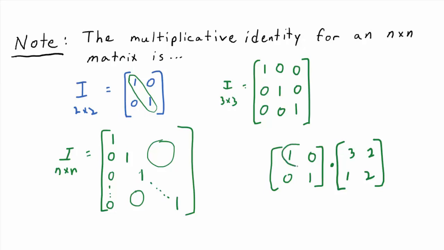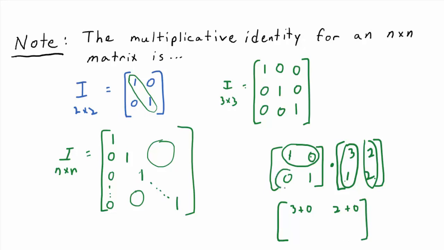So what happens when you multiply the row 1, 0 times the column 3, 1? That'll give you your upper left-hand entry. What will that give you? 3 plus 0, right? 0 times 1. Okay, let's go over here to get the second entry in the first row in the product. 1 times 2 is 2, plus 0 times 2 is 0. And you can see it happening, right? So you get 3 and 2, just like you're supposed to.